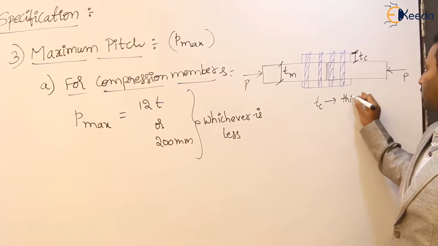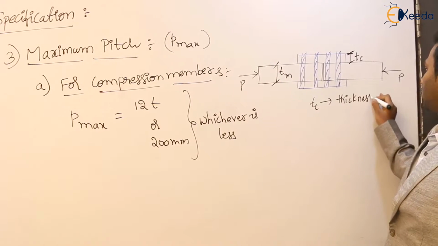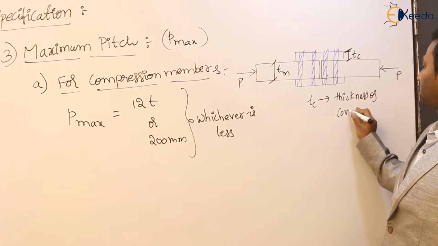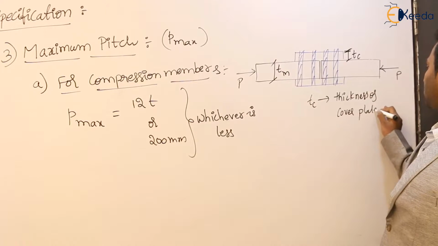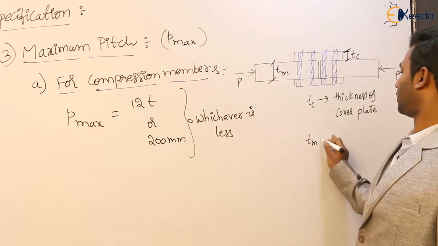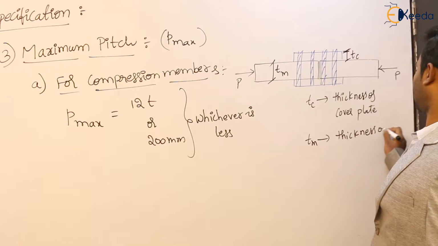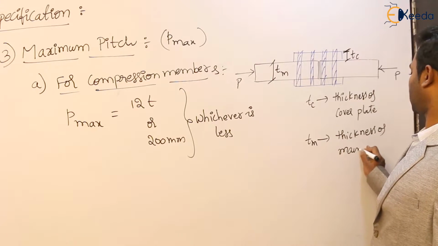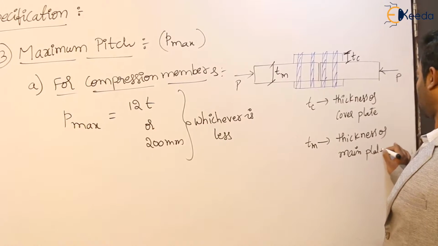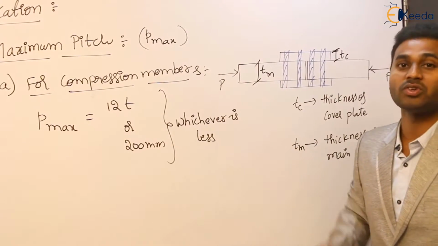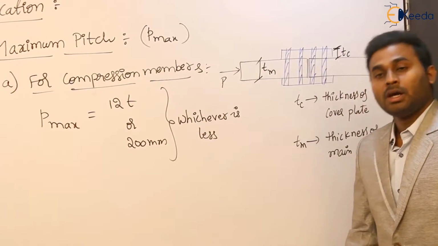Now the T in this provision is the thickness of the thinner plate.